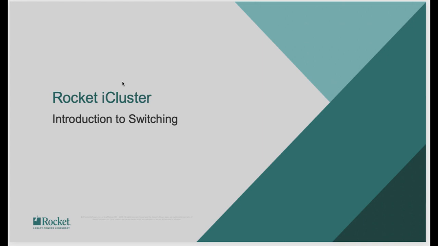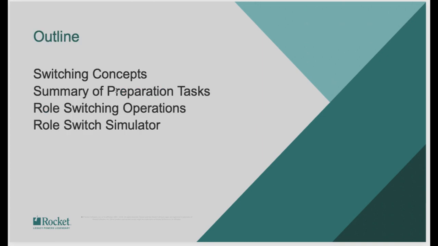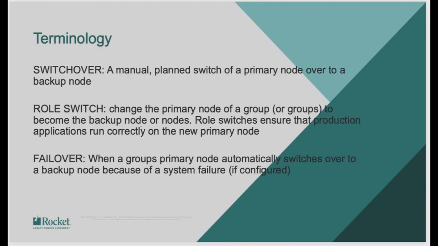So we're going to look at a few areas, but the first part is introducing switching and some of the basic concepts, the preparation tasks that we need to look at, and the operations, and finally the simulator that's available. So the concepts really, we're talking about switching, which is a manual planned switch of a primary node to a backup node.